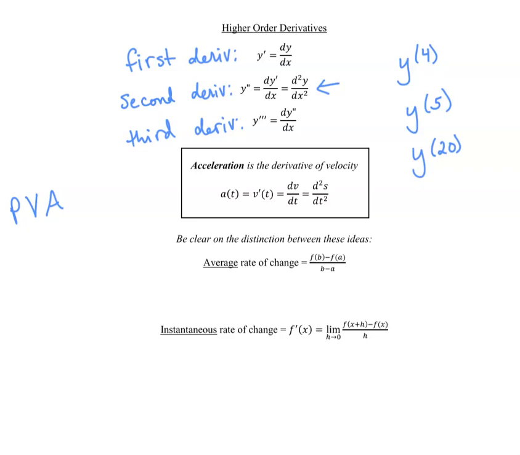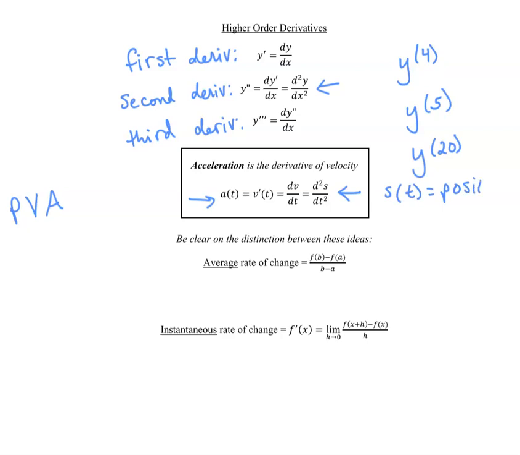And mathematically speaking, that's what that is. The second derivative of the position function is your acceleration, or you can think of it as the derivative of the velocity is the acceleration. So we might note it this way: acceleration is equal to v prime of t, or dv dt, or the second derivative of the position, if s would be the position.